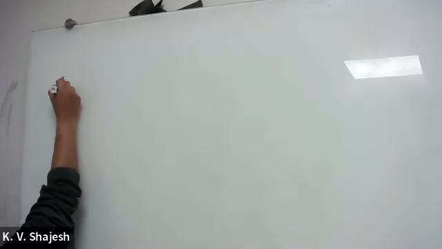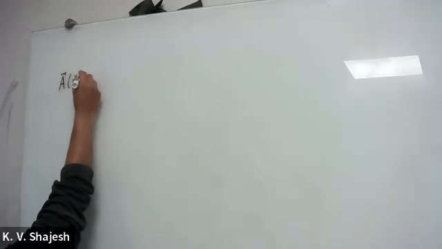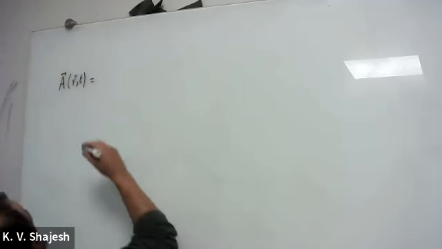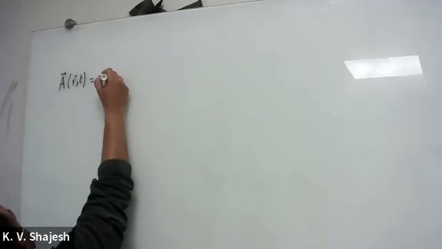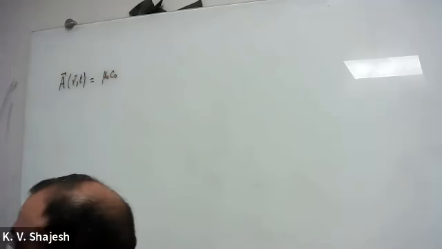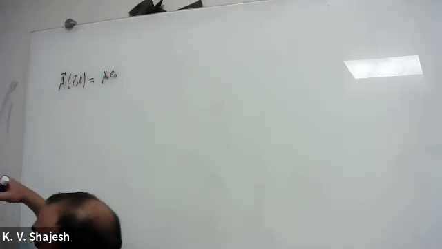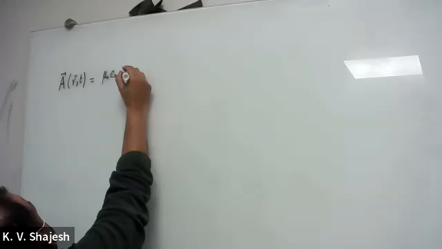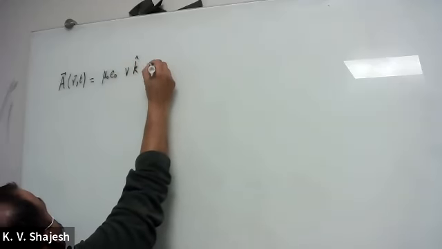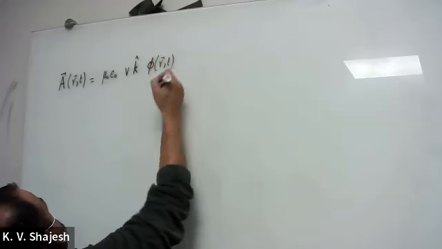So notice that A of r, t is equal to, I will put a mu naught times, sorry, I didn't mean c naught, epsilon naught, because I want to divide that, times v times k hat times the phi for a point charge.